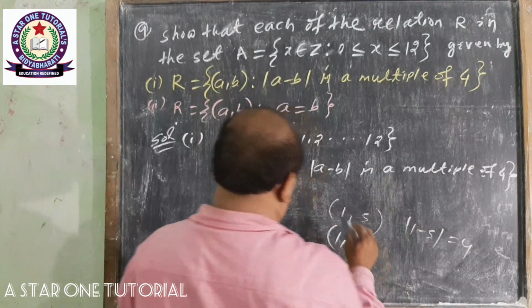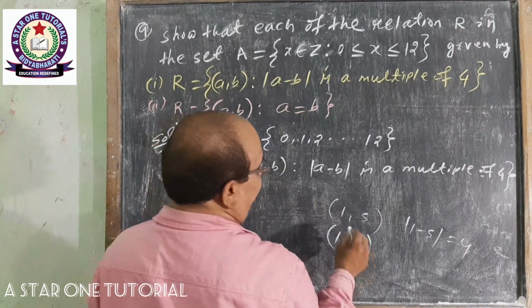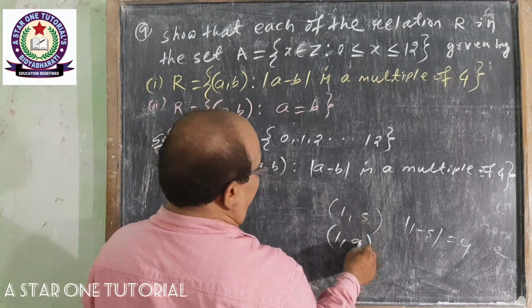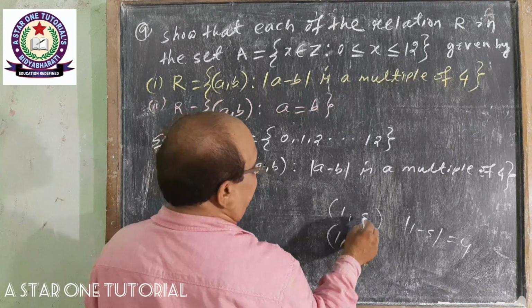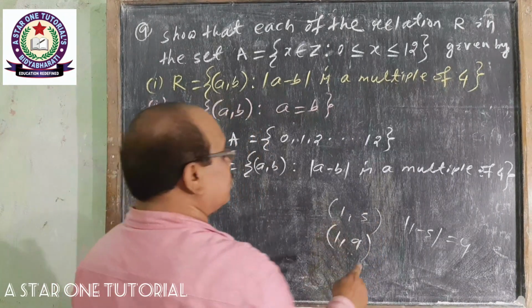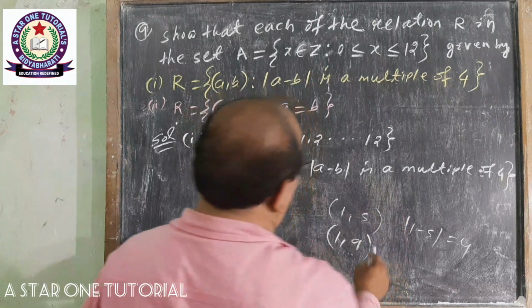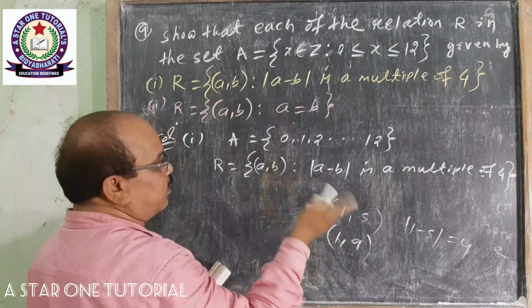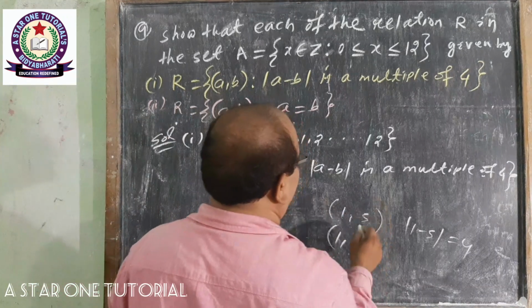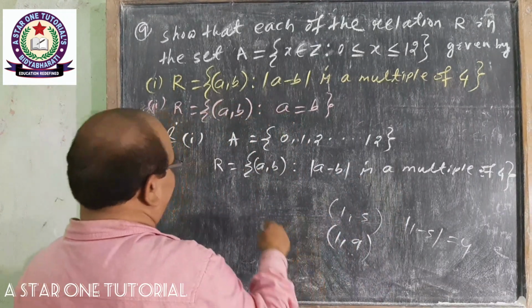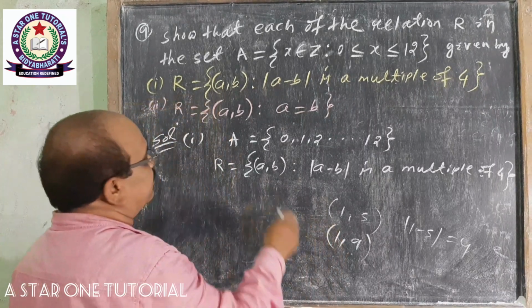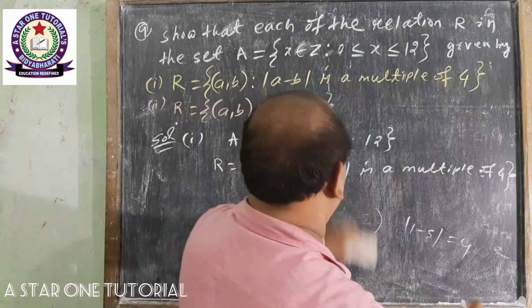So in this way we will get (1,5), (1,9), then (5,1), (9,1), then (9,5), (5,9). So these are 6 elements. So altogether we will get 13 plus 6 elements, that is 19 elements. If we write this set in roster form, then we have to enlist 19 elements for this relation.